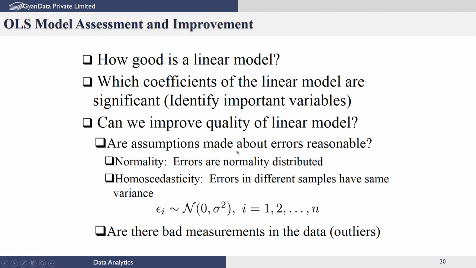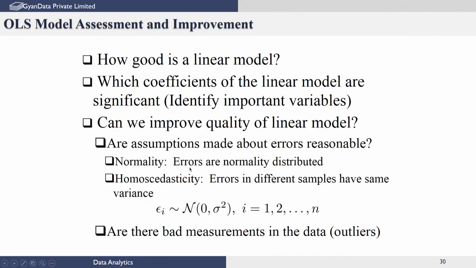Only this assumption can actually justify the choice of the method of least squares. We also assume that the errors in different samples have the same variance. This is called the homoscedasticity assumption. So, we are assuming that the errors in different samples have the same variance.